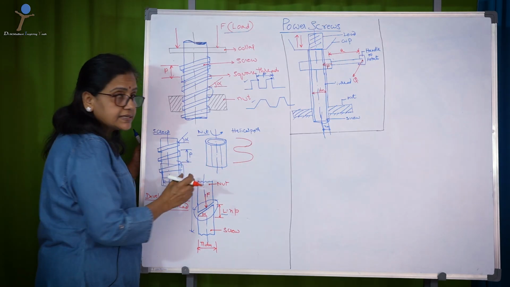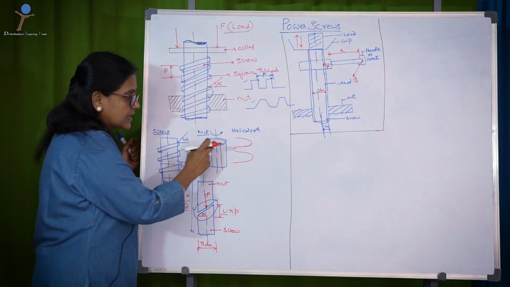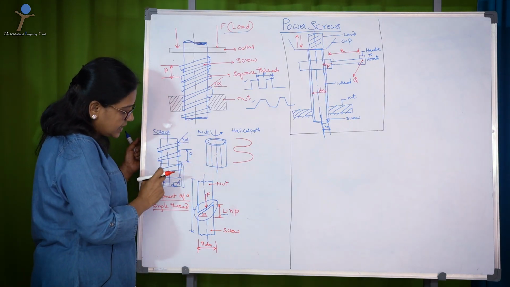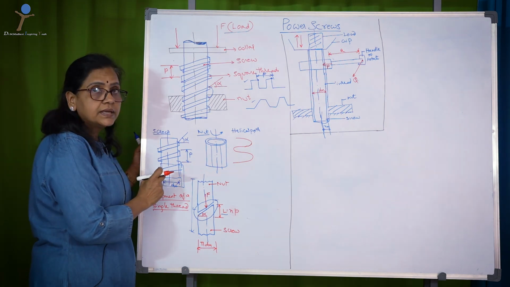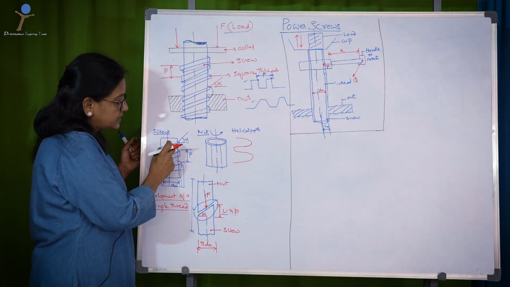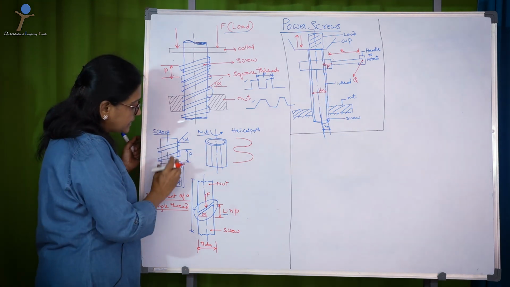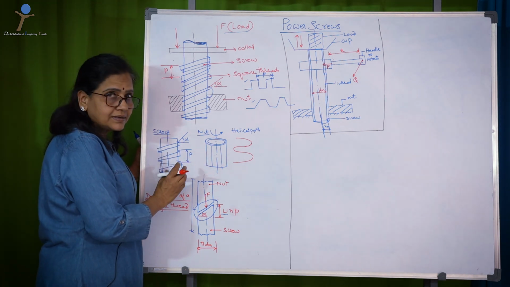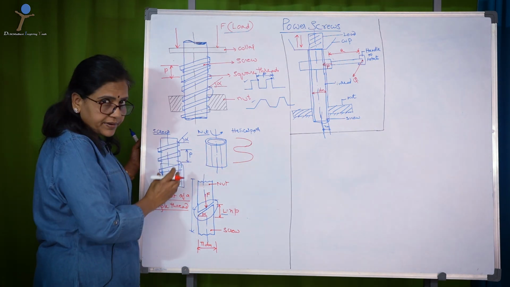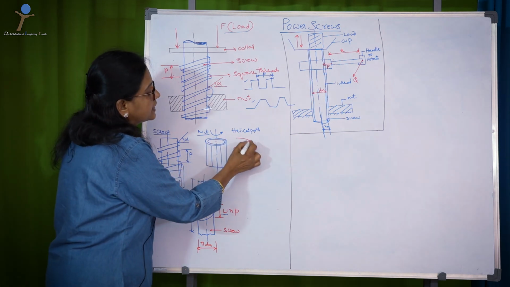Since the nut has internal threads, those internal threads are in contact with the external threads of the screw and take the path. The path taken by the nut while moving up or down is a helical path.